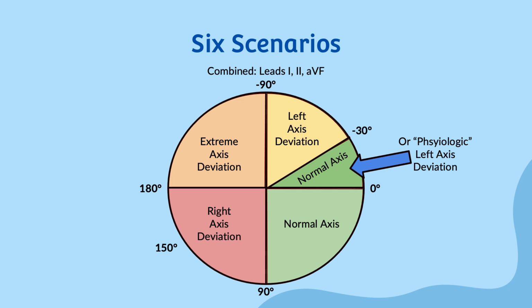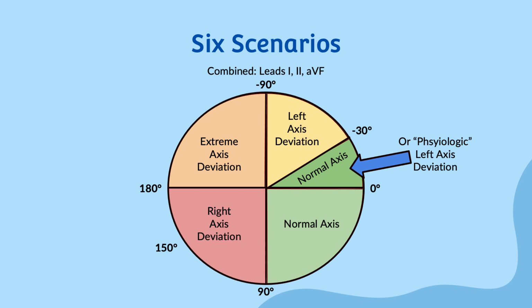This area is still considered normal axis, but could indicate hypertrophy in a patient whose axis on previous EKG readings was between 0 and positive 90 degrees. Additionally, this pattern is sometimes seen in chronically trained athletes.